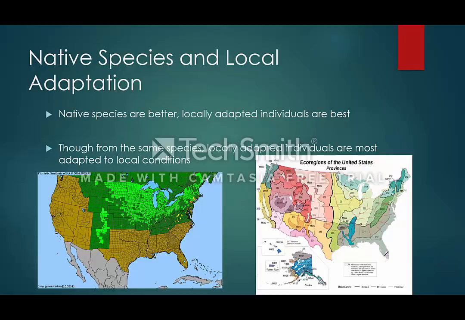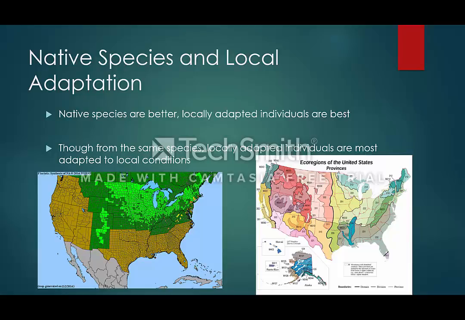On a broader view, conceptually, once we understand plants are adapted to particular places, we can also understand that choosing native species is important, and everybody really understands that native species are better than exotic species. But now we're beginning to understand that simply choosing native species is kind of a low bar.